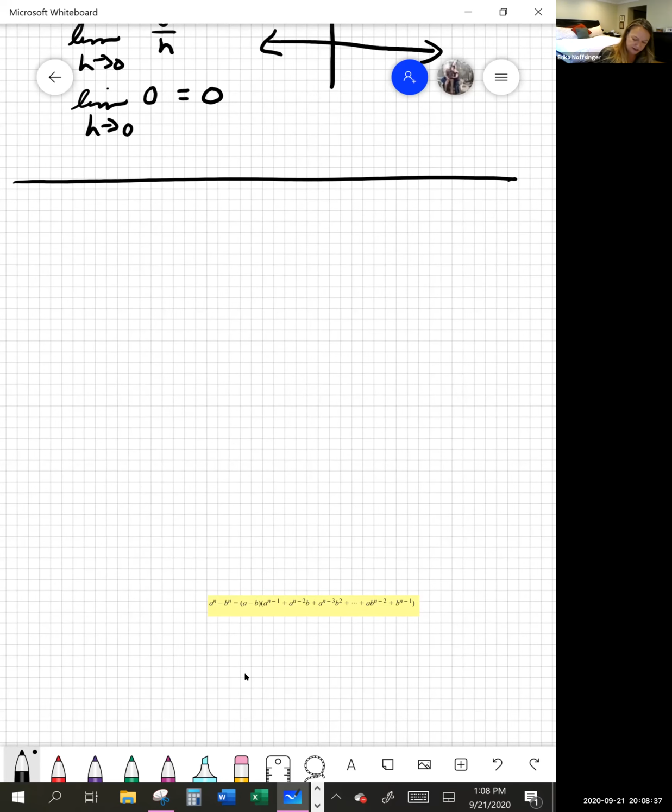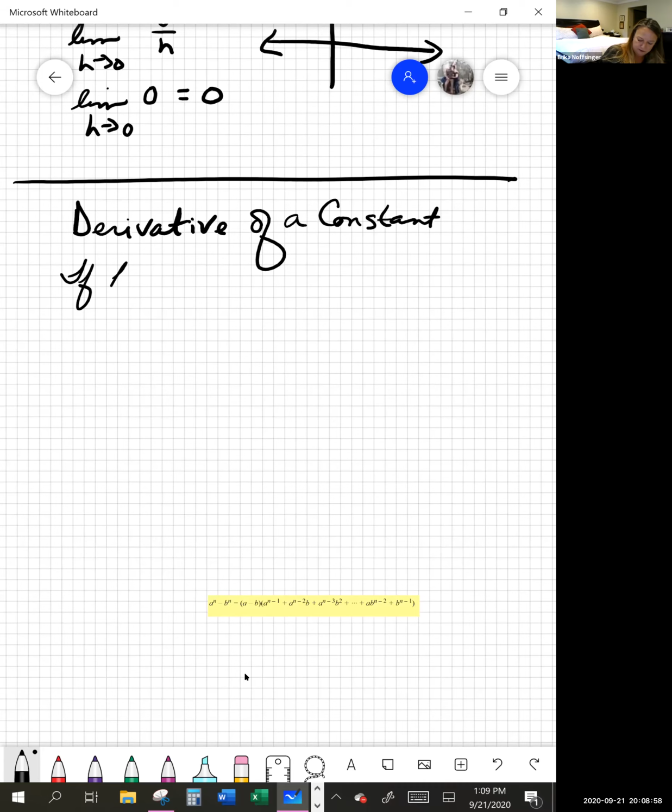Okay, so the derivative of a constant. So if f is a constant value where f of x is equal to c, then we can say the derivative of f with respect to x.